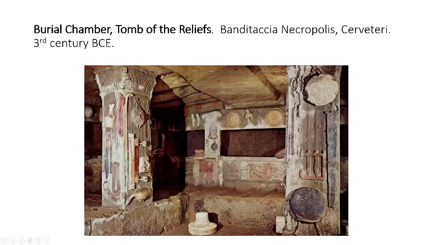And here is an example of an entire tomb that was decorated in relief, the Tomb of the Reliefs. That's right, it's not hard to remember, is it? So here, remember, we had the columns and all kinds of things from everyday life, all carved into the walls as if to create this home in perpetuity, with a bed back here and a pillow and the dog and everything that you'd ever want.